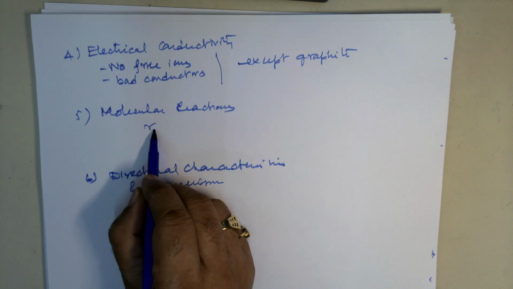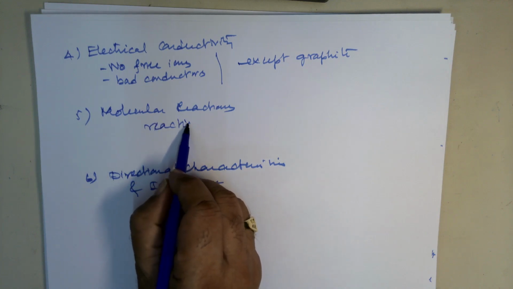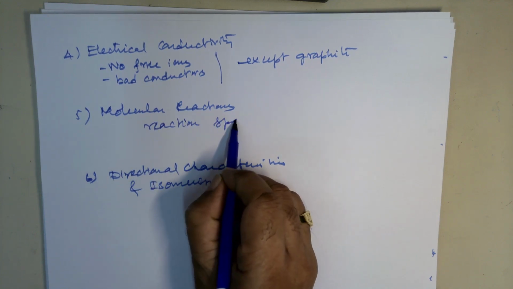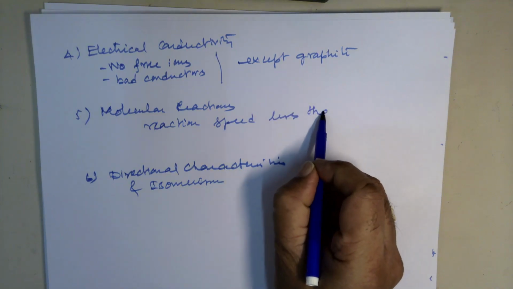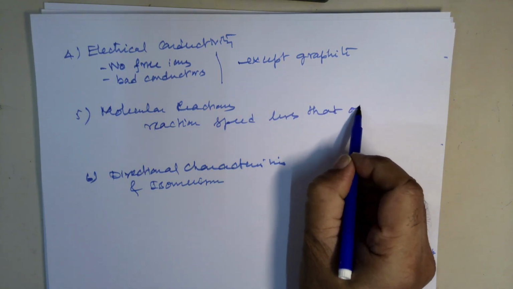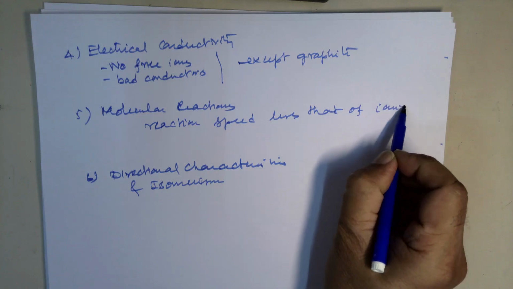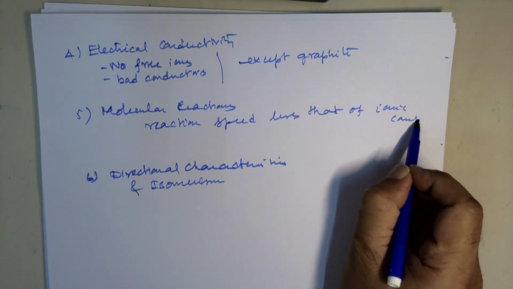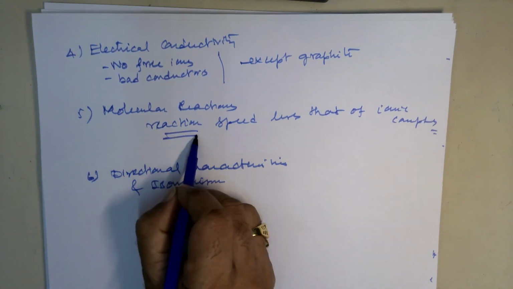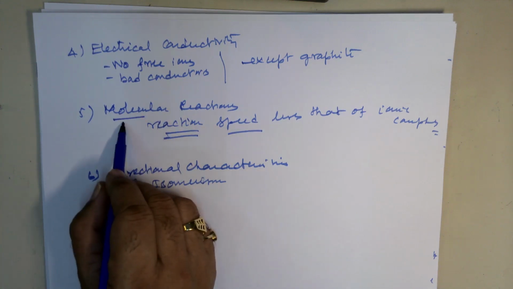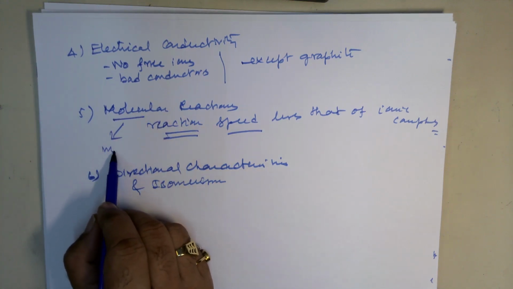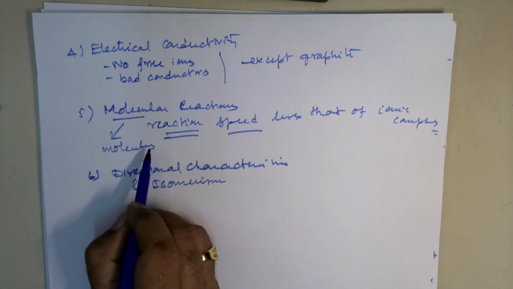So the reaction speed is less than that of ionic reactions or ionic compounds. Why? Because covalent compounds are basically molecules.